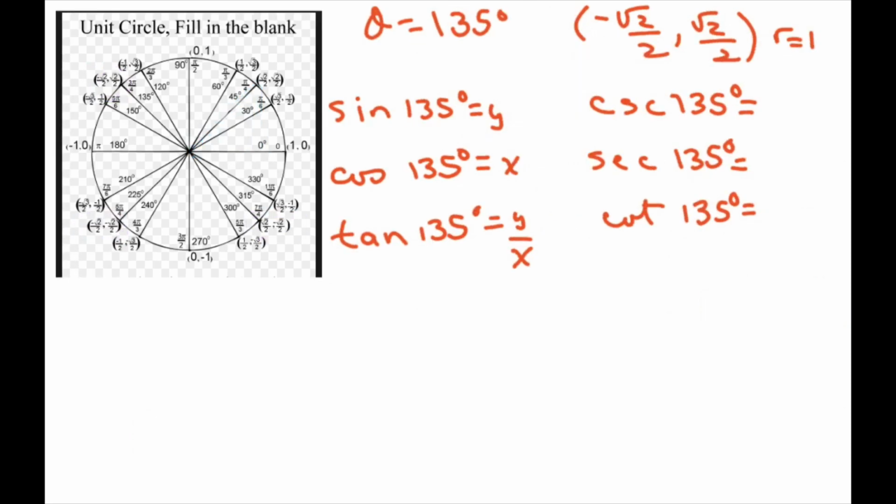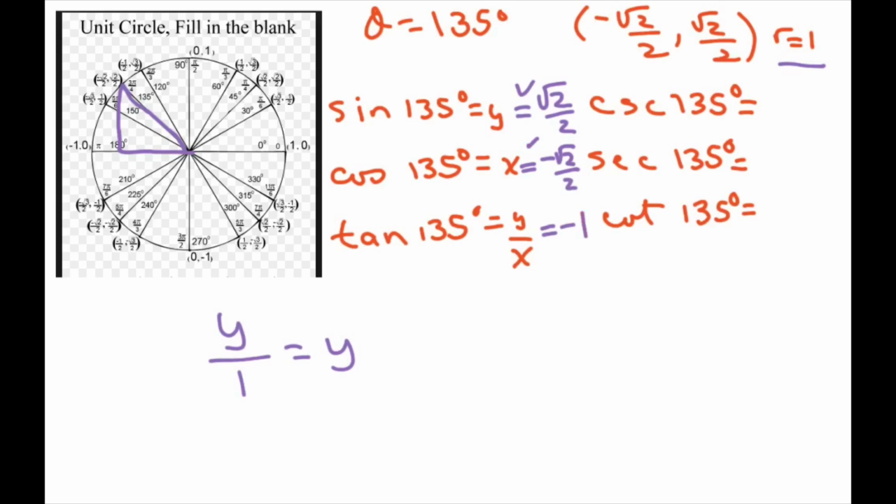So for 135, which is here, by the way, r is 1, so we can just say y divided by 1, r equals y. Your y is square root of 2 over 2. Your x, however, in quadrant 2 is negative. So when you divide these two, you get negative 1.